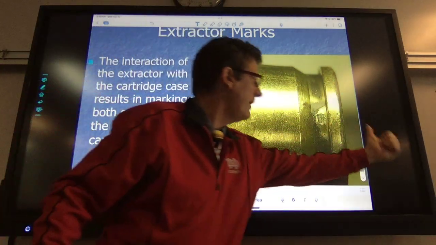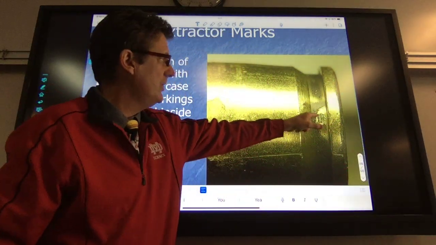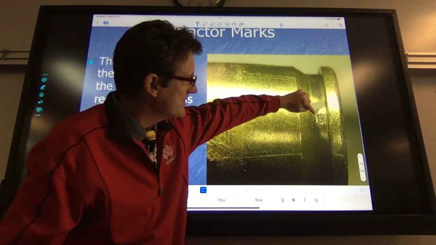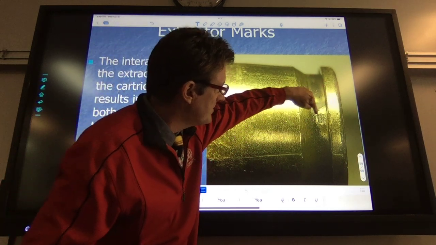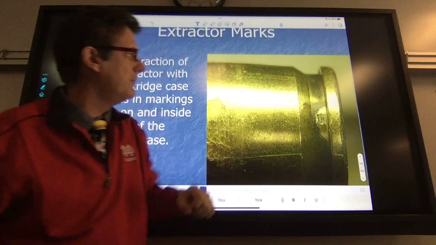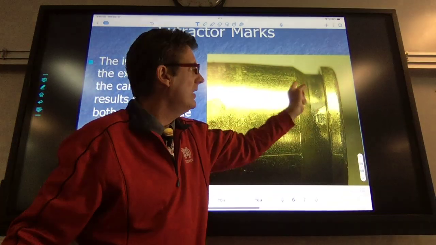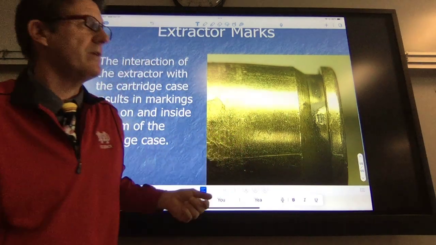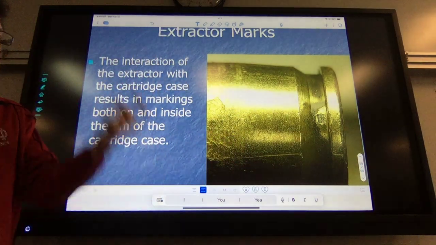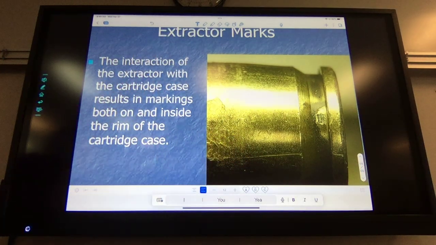So there's the back of the cartridge, and you'll have to rotate it, and you will see either on the outer edge or usually right underneath that lip. And that's why the cartridge has that lip to it, so that the extractor can grab it and pull it out of the chamber. So you'll probably need at least 2 pictures.